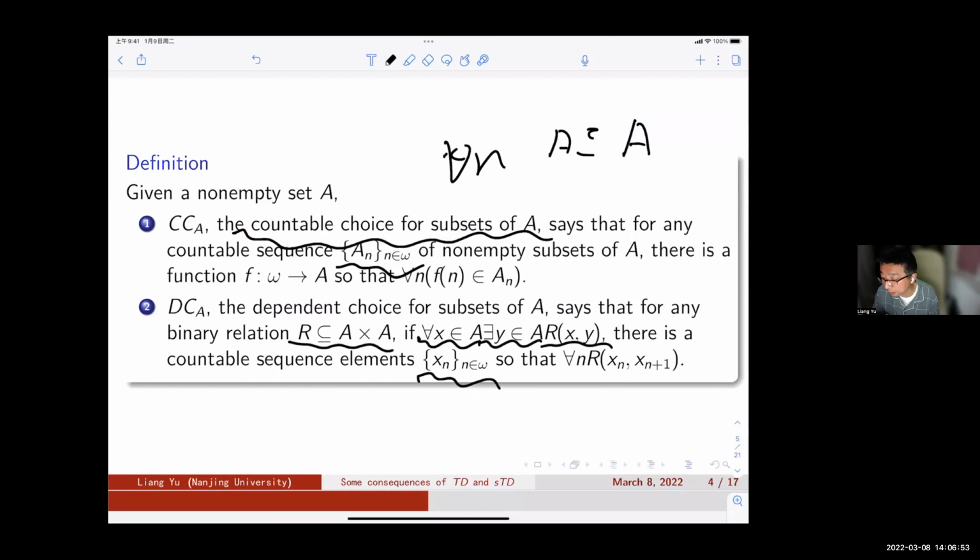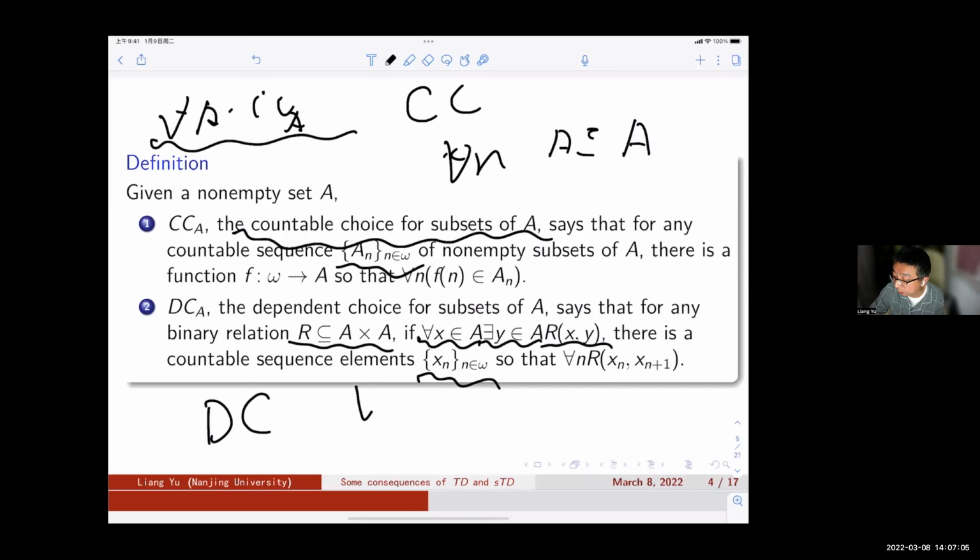This is dependent choice. We use CC to denote CC_A for any A, and DC to denote DC_A for any A.